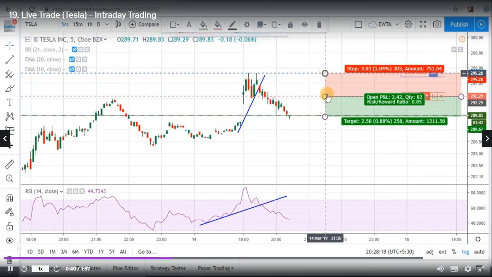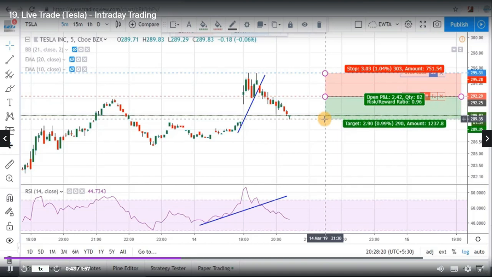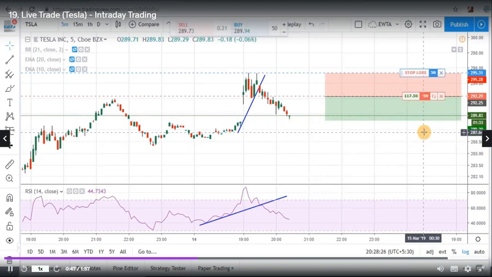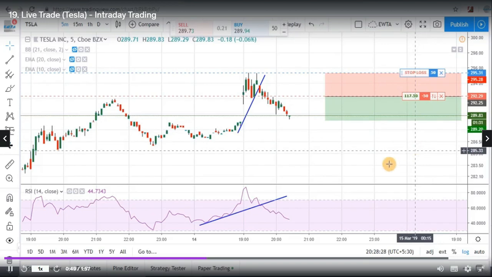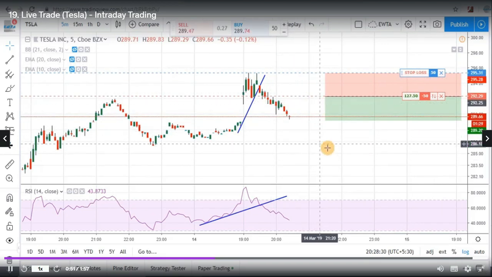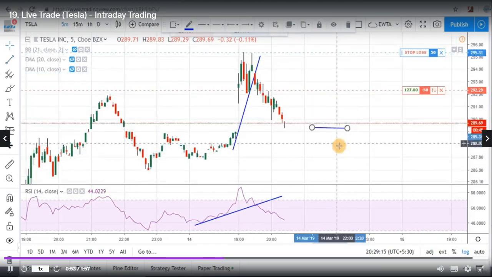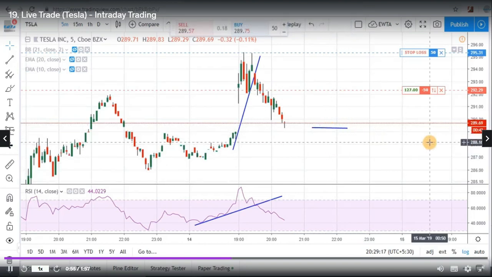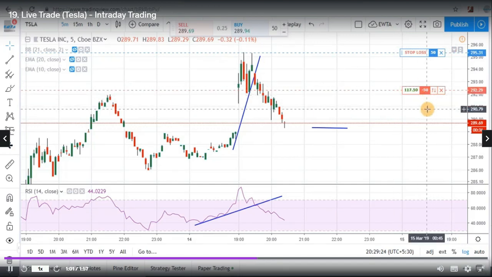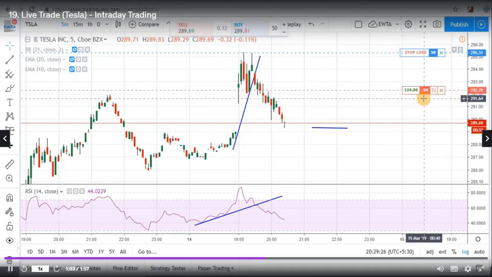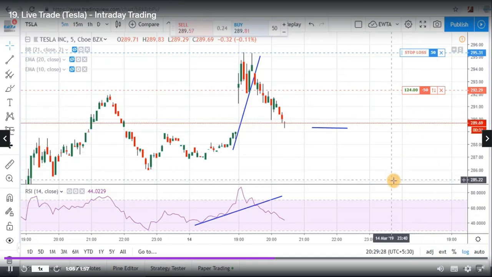So when the stock reaches 1:1 R2R, I will exit from half of my position and shift my stop loss to the break-even point. But as prices are very near to this level, I am exiting from my half position. My sold quantity is 50 shares, so I am buying back 25 shares out of 50.